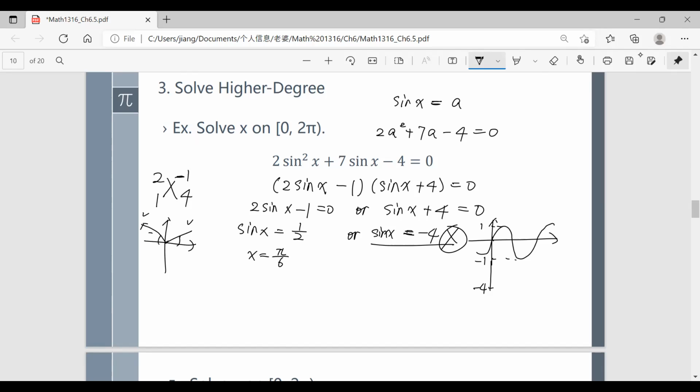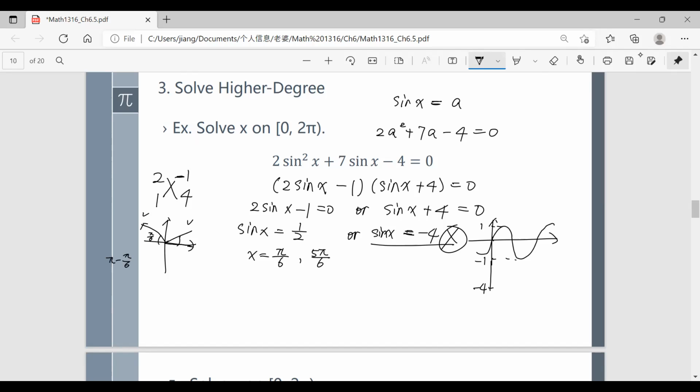The reference angle is pi over 6, so from the initial side to the terminal side equals pi minus pi over 6. So another solution is 5 pi over 6, from here to here. That's pi minus pi over 6, that's 5 pi over 6.